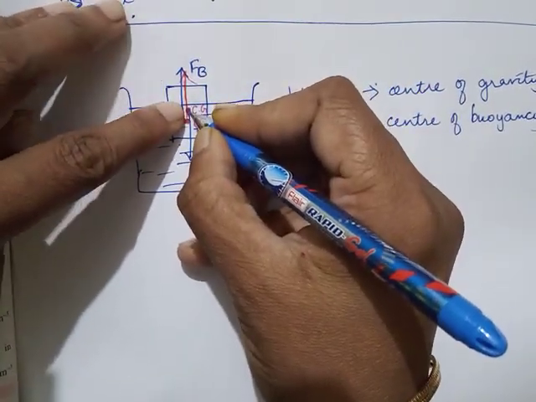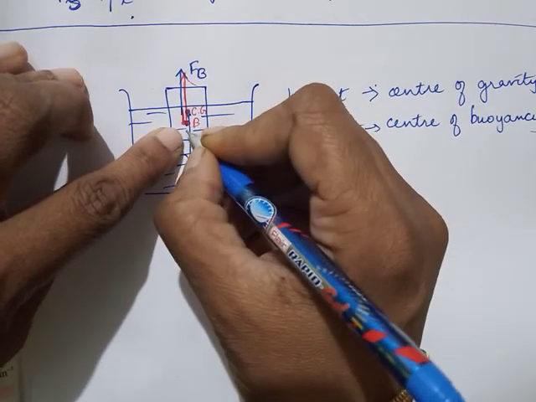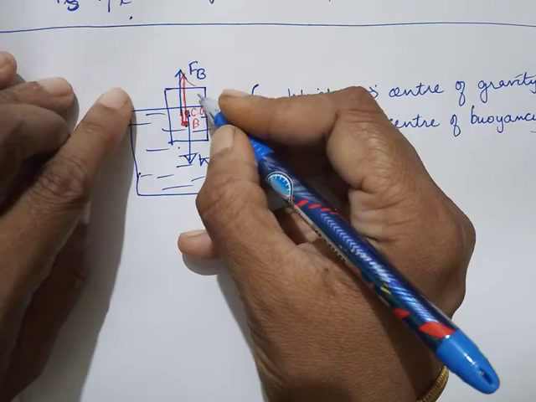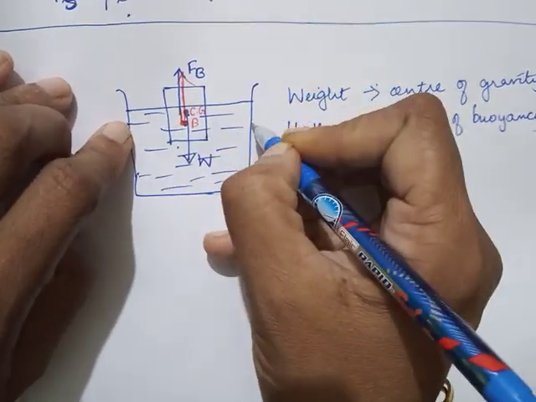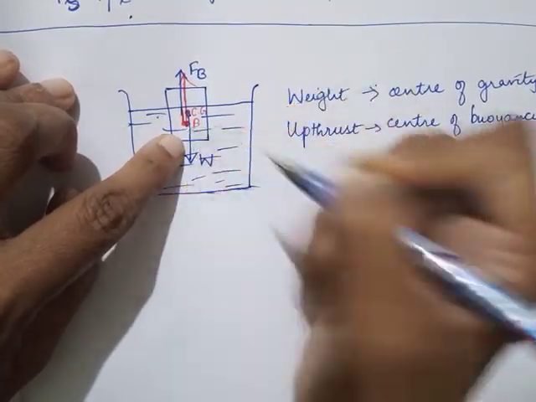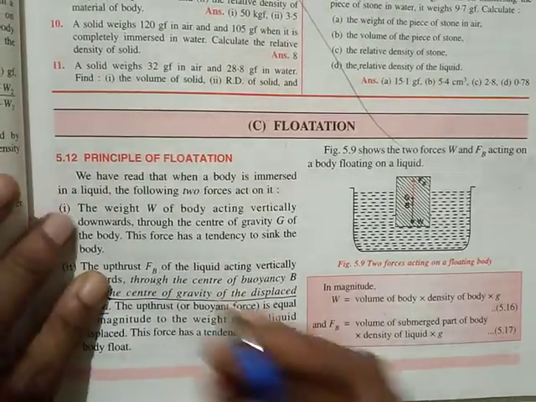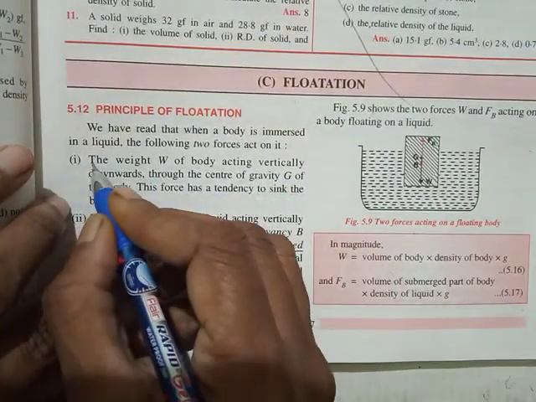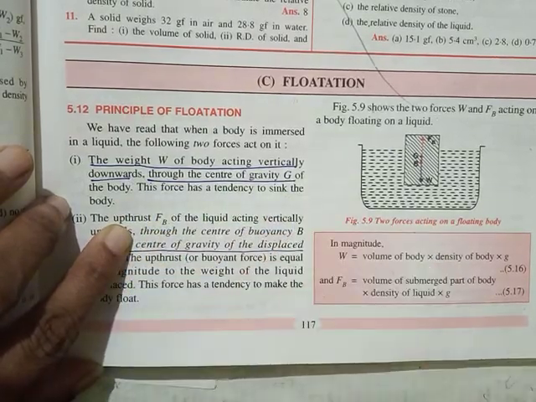That point is called center of gravity. Center of buoyancy is the center of gravity of the displaced liquid. Whenever you put a solid inside, it will displace some liquid. Now the displaced liquid's center of gravity is called center of buoyancy. This is the first thing you have to know: weight W of a body acts vertically downward through the center of gravity of the body.